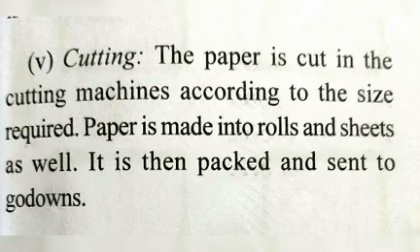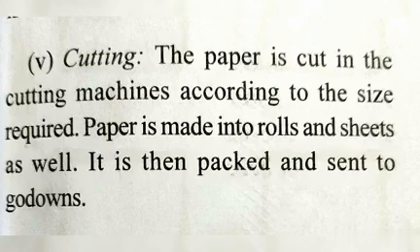What is a batch? When a lorry load of wood is brought into the factory, the entire quantity of wood is given a batch number. That batch number they will mention in the godowns, and this batch is sent to the different sections one after another. The raw materials of one batch are processed together at each stage.